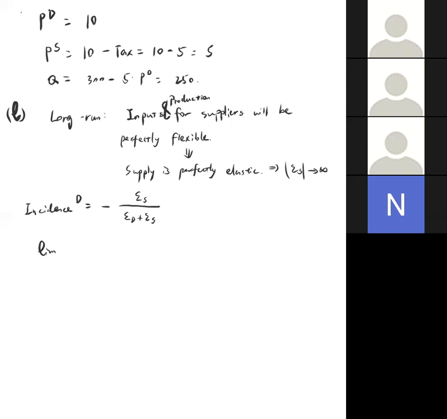So if we take the limit of this whole thing as epsilon s goes to infinity, we see that it's a negative number of something going to infinity.